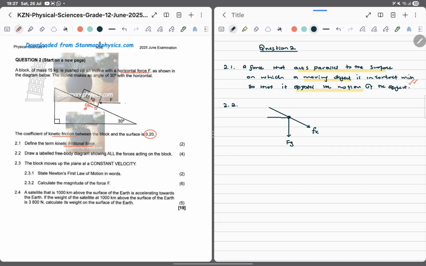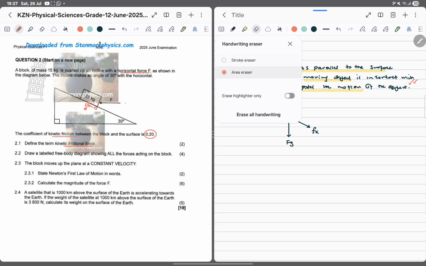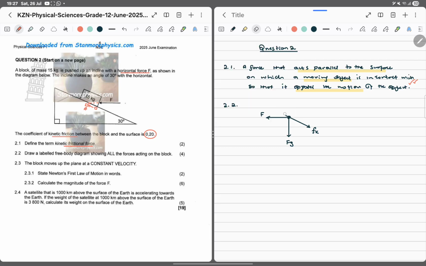And we will have our horizontal force. It was said to be F. Of course, we don't need this one anymore. We just needed to get the slope right. And of course, there will be a force perpendicular to the surface, okay, on the object, which is the normal force.